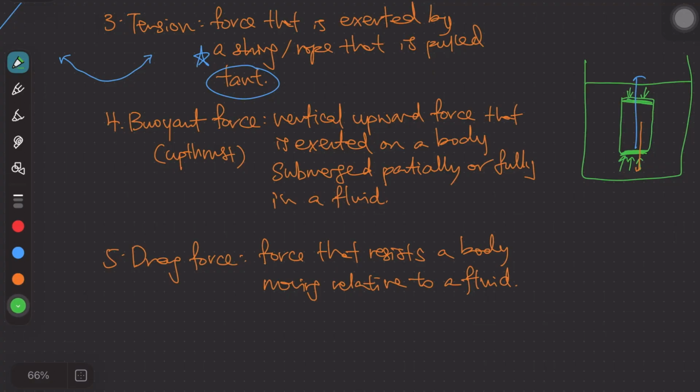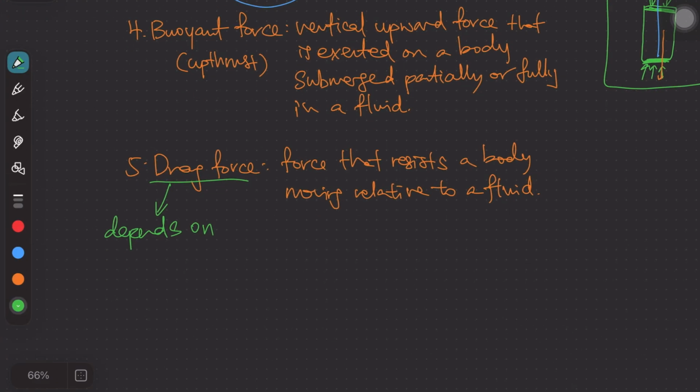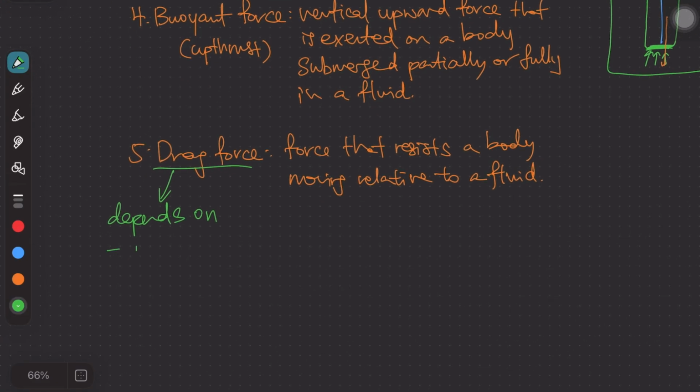This drag force depends on multiple factors. For one, we have the shape of the object, as well as the viscosity of the fluid.